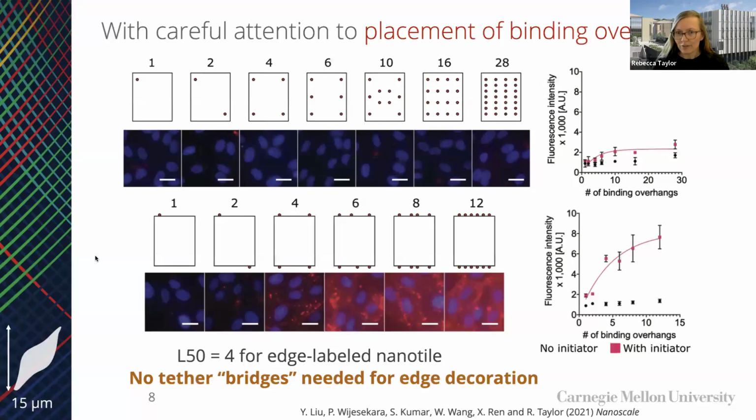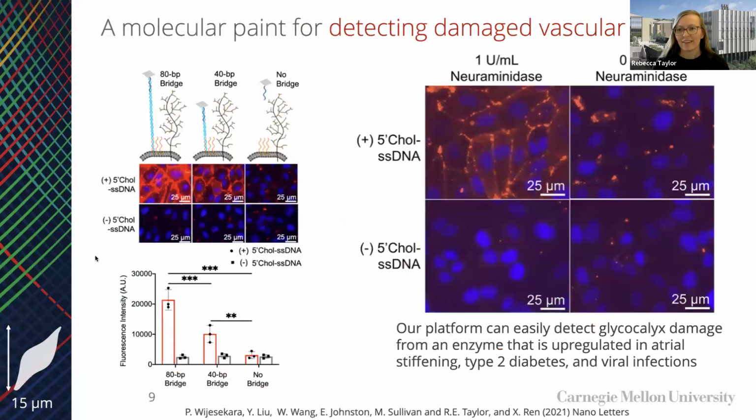But maybe there's a use for face decoration because you can get them to attach, but you need a tether, right? So then here's, in this sort of whirlwind tour, an example of why that could be extraordinarily useful. In an engineered system or in potentially a disease model, you can now selectively target cells with damage to their glycocalyx.